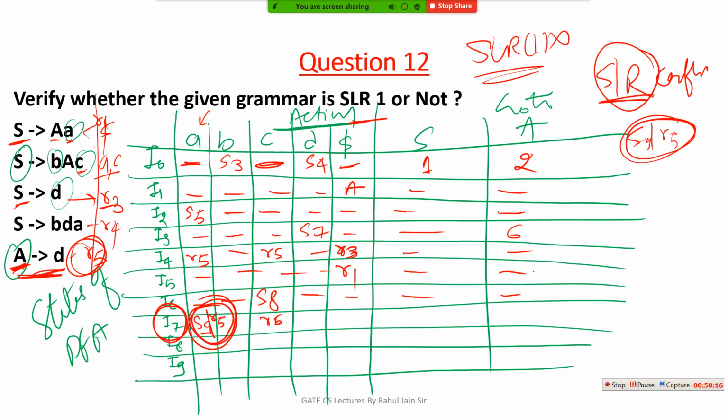Is it clear to all candidates why this grammar is not SLR1? Because I am getting a shift-reduce conflict here. So the candidates who answered that it is SLR1, I think they are now clear why it is not SLR1. Clear? Very good, guys.